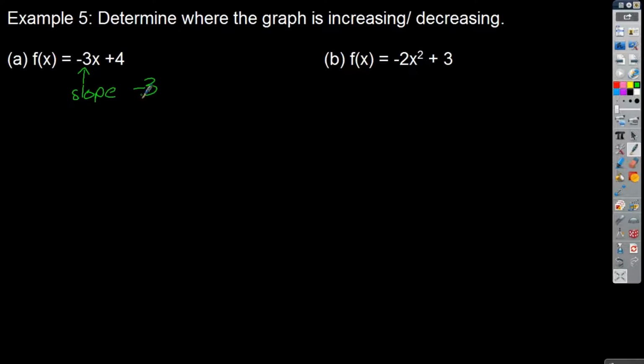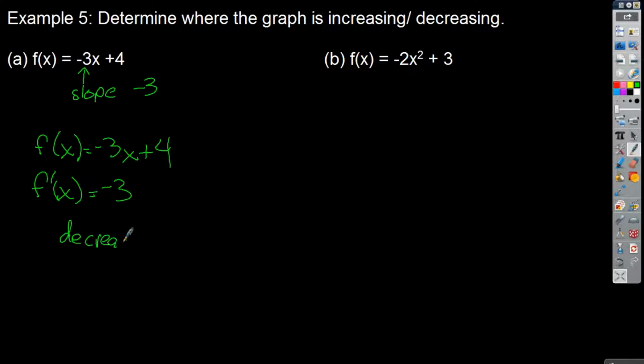But let's do the calculus here to show where it's decreasing. f of x equals negative 3x plus 4. f prime of x equals negative 3. No matter what value of x I pick, there is no x in f prime. So since f prime is negative 3, there's no place to substitute x in. This is decreasing from negative infinity to infinity.